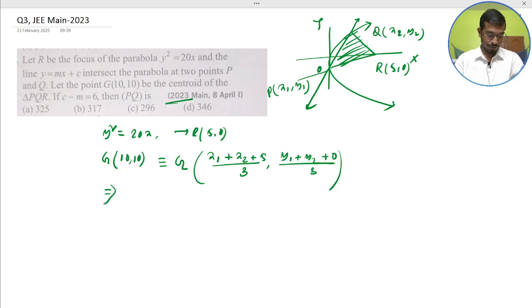That is equivalent to x1 plus x2 equal to 25, and y1 plus y2 equal to 30. This is equation number 1.